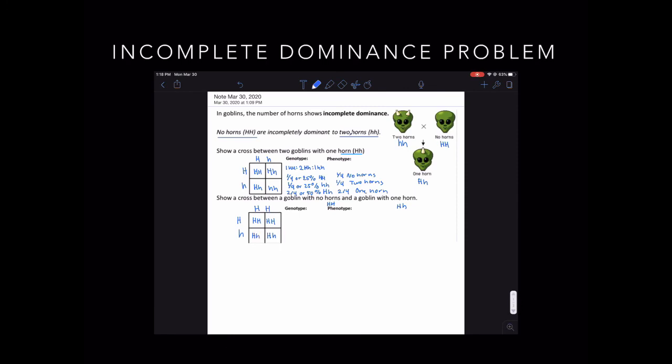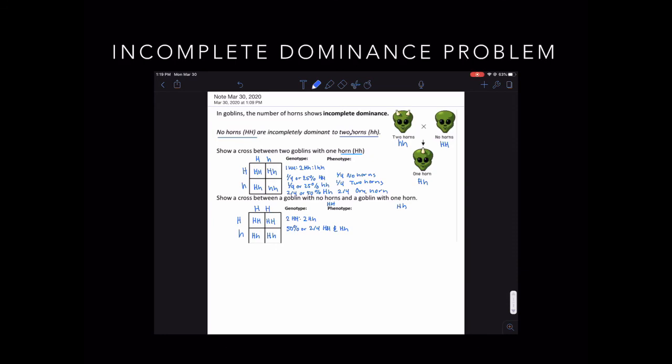We have 2 heterozygotes. Doing the genotype, we can say that there's 2 HH and 2 HH' heterozygous. So that means there's a 50%, or 2 out of 4, for the homozygous dominant and the heterozygote, HH'.